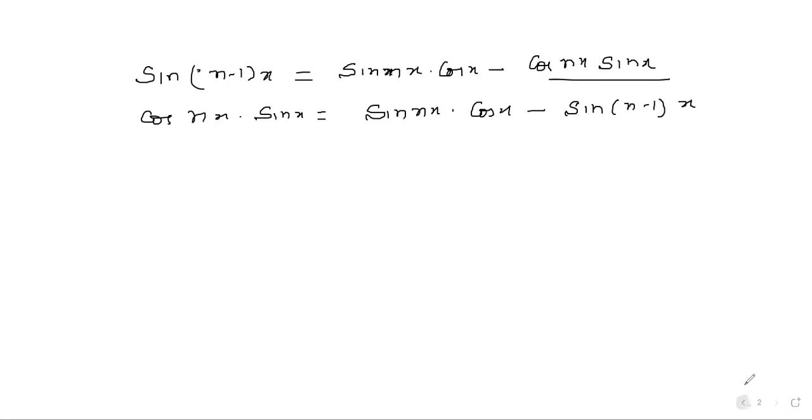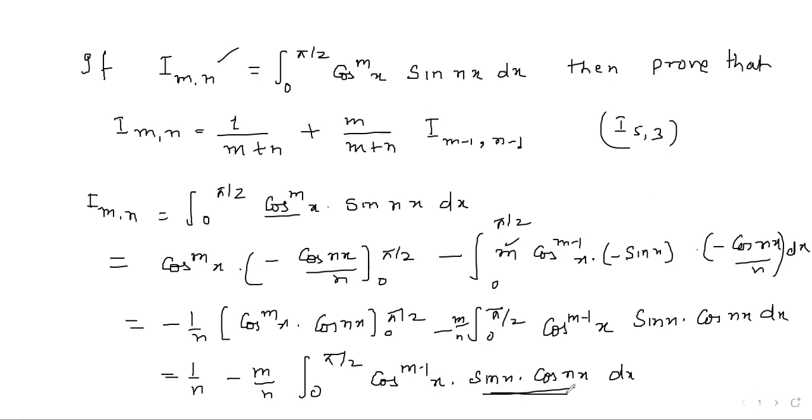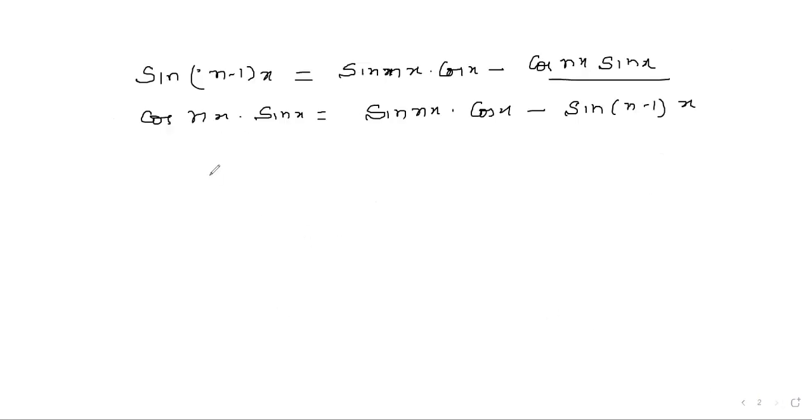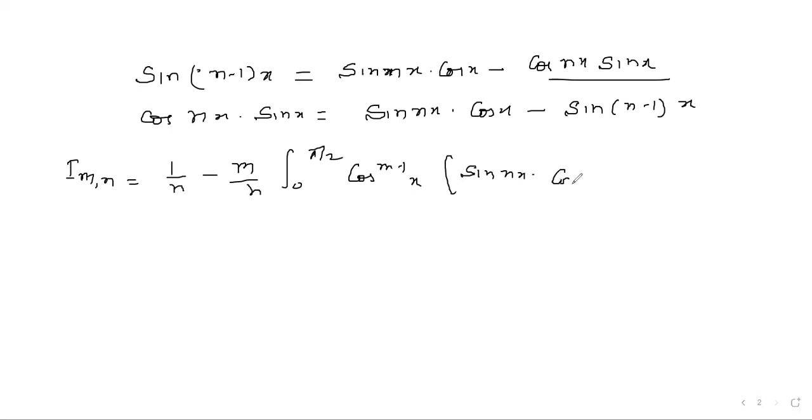So if we replace this value here, we will get I_mn equal to 1 upon n minus m upon n integral 0 to pi by 2 of cos^(m-1) x times this thing, sin nx cos x minus sin (n minus 1)x, whole dx.